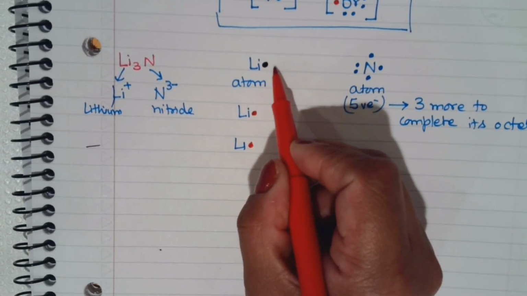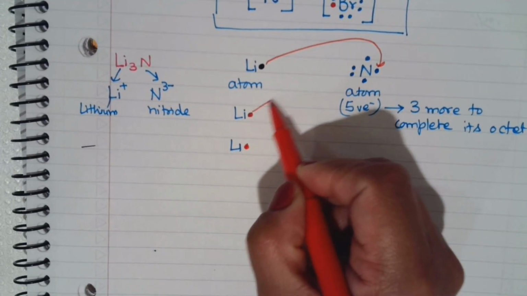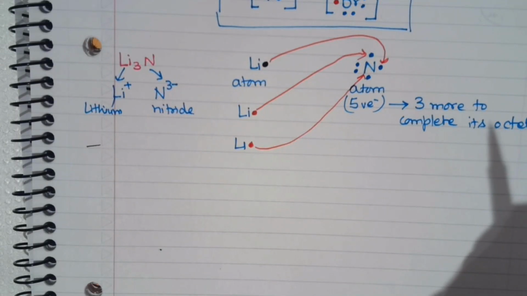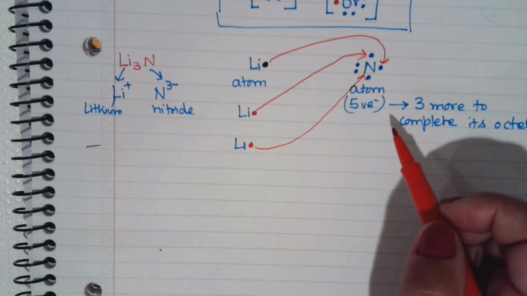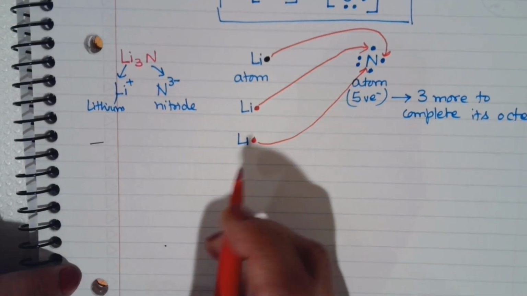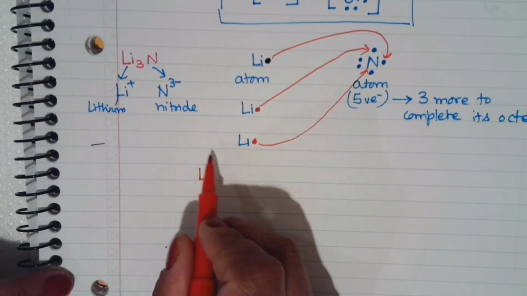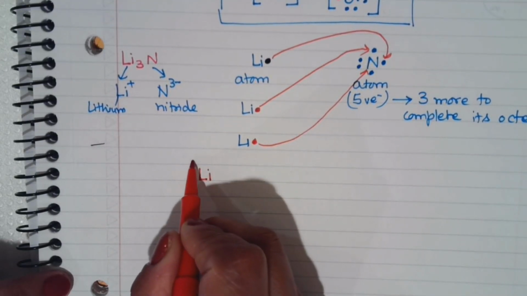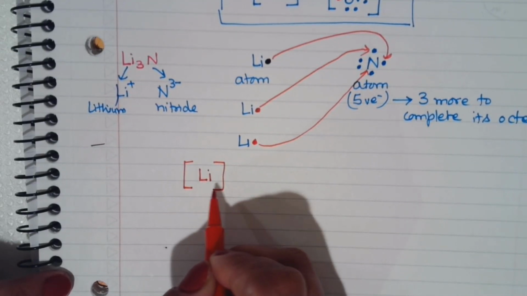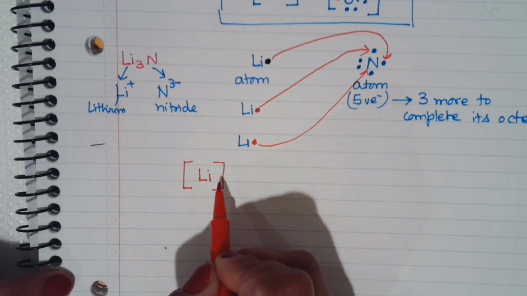So once each lithium donates its electron to nitrogen, nitrogen gains 3 and each lithium loses 1, right? So the structure looks like lithium, the cation, after it loses electrons, does not have any valence electrons in the original shell energy level.